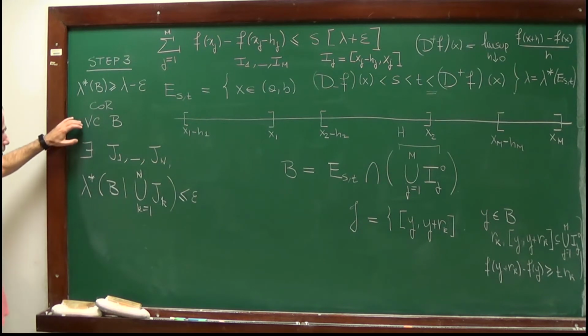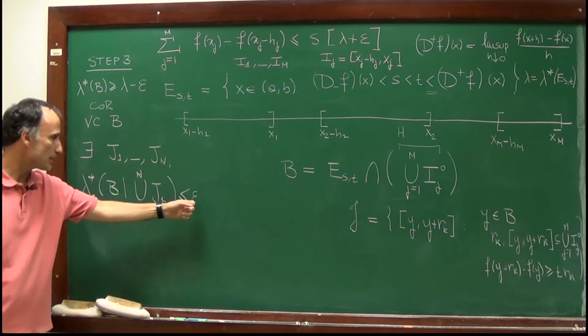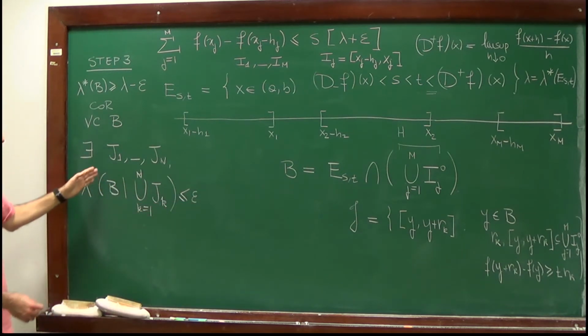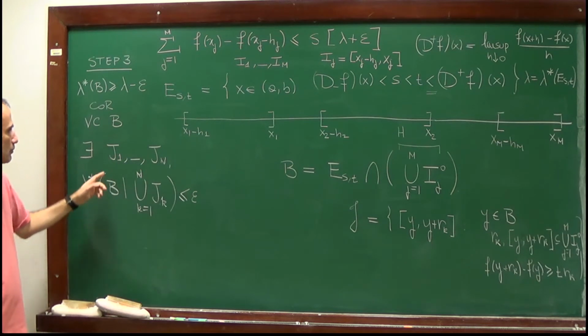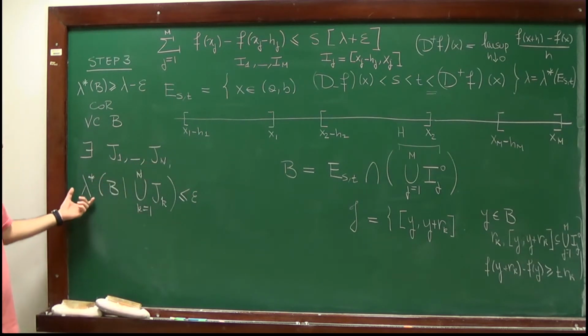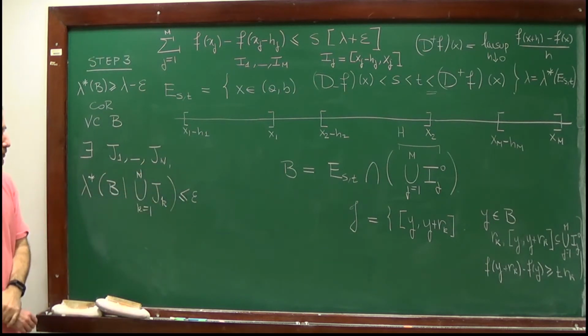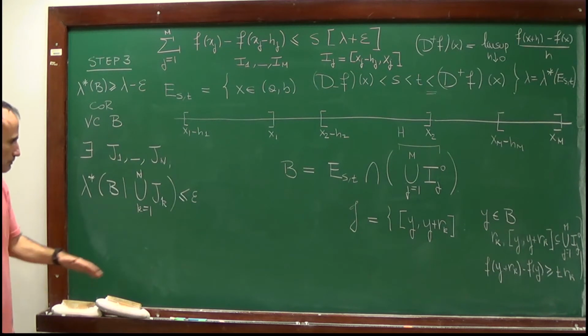This is just the application of the corollary of the Vitali lemma. For that given epsilon, we can find a finite subfamily, which I'm representing by J_1 up to J_n, for which the outer measure of B minus this union is bounded by epsilon.